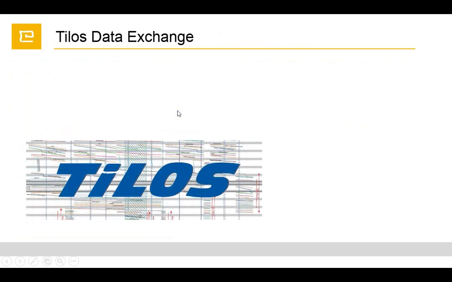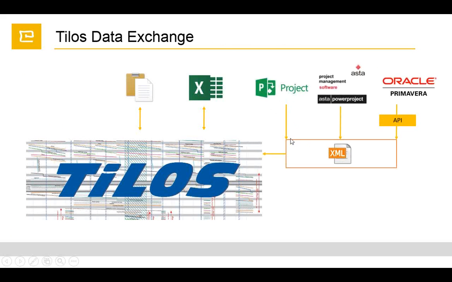When we have the baseline, I will show in a moment as well. We can integrate Tilos. We can import the values directly from Excel, from the clipboard, copying and importing into the system. Or, if we are going to import actual resources or actual progress based on distance, we can use the Excel Exchange add-on and import into Tilos in just one click. And Tilos is integrated with other systems like Microsoft Project, Asta Powerproject, Primavera, and in the middle there is the XML.